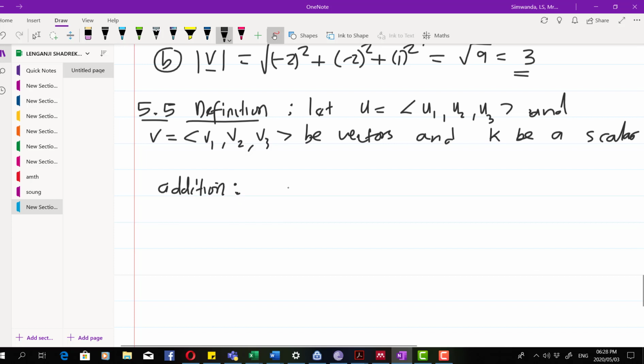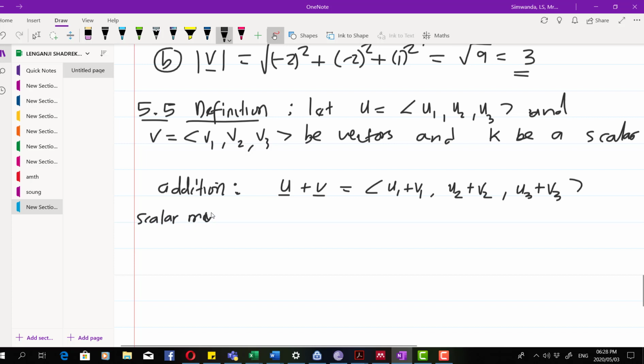One is the addition property, so the vector u plus the vector v is equal to, we just add the components: u1 plus v1, u2 plus v2, u3 plus v3. Then we can also have scalar multiplication.